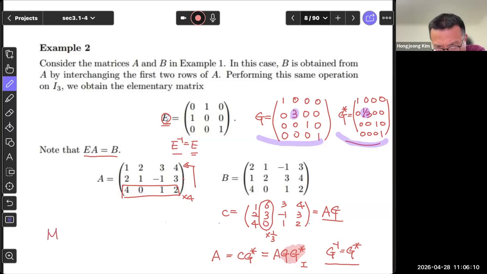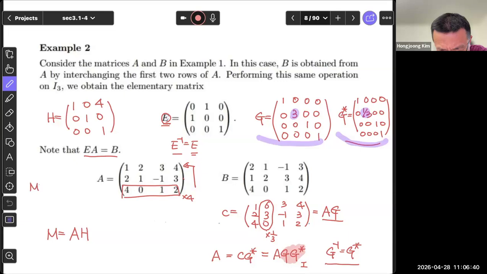And in case of M, we obtained from A by multiplying H matrix, and H is obtained from the identity matrix by multiplying 4 to the third row and then add it to the first row. Right?